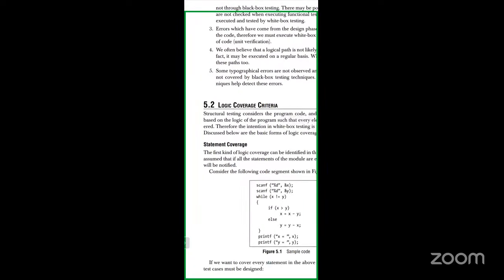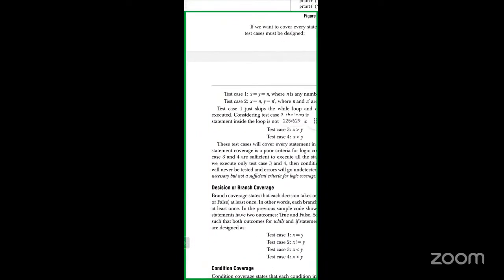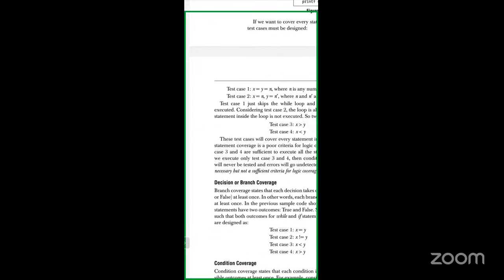Okay. So in this one, first we will cover the logic coverage criteria. In that we will be seeing the statement coverage, that is, how many statements there are and that we need to cover all of them. Then after covering all the statements, we have to go for decision or branch coverage, that is, loops also we need to cover.